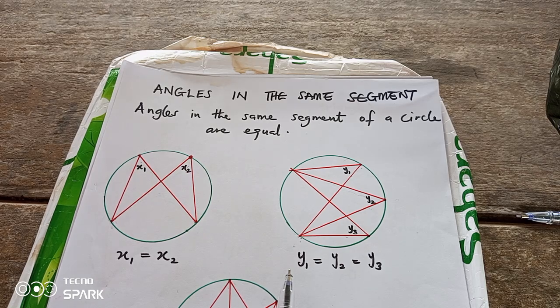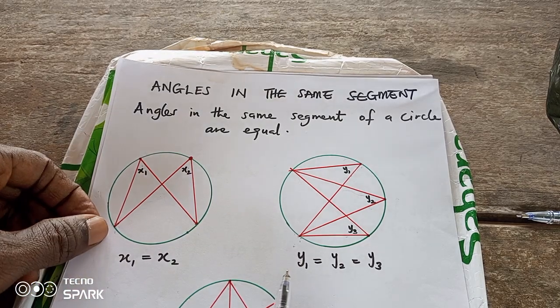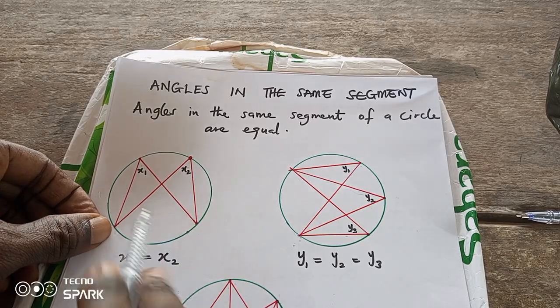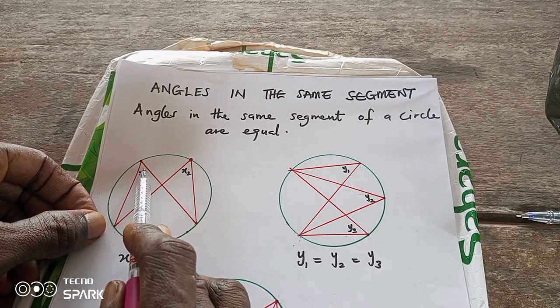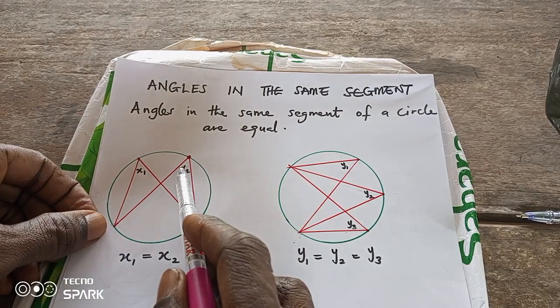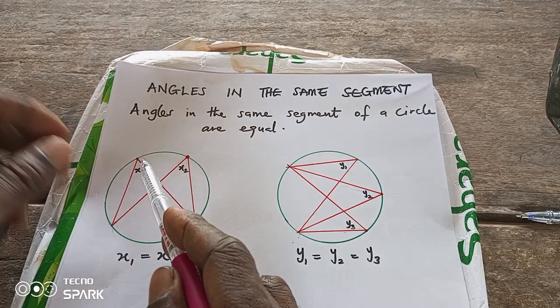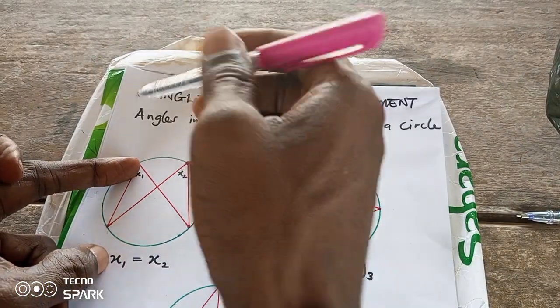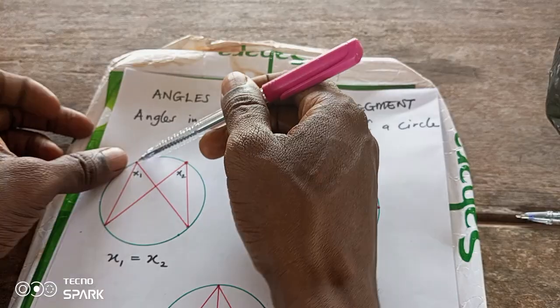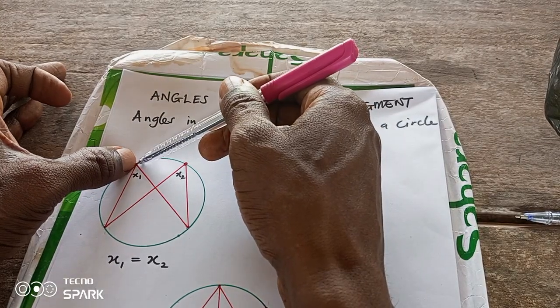Now, if you look at this diagram, you realize that this angle is touching the circumference. This other angle is also touching the circumference. The two lines that bound this angle x1 each touch the circumference.